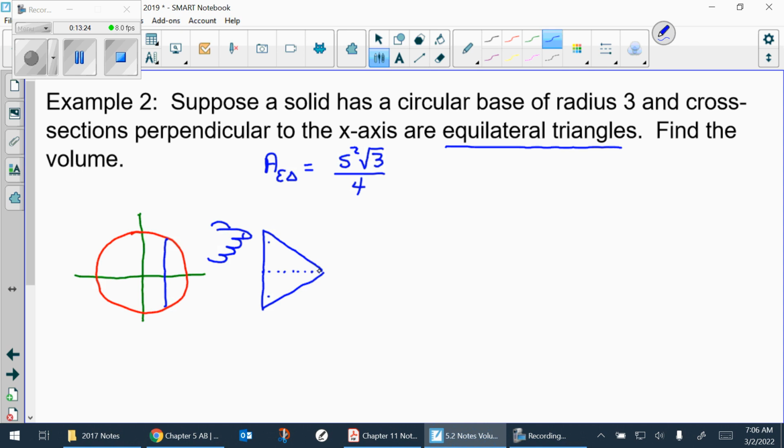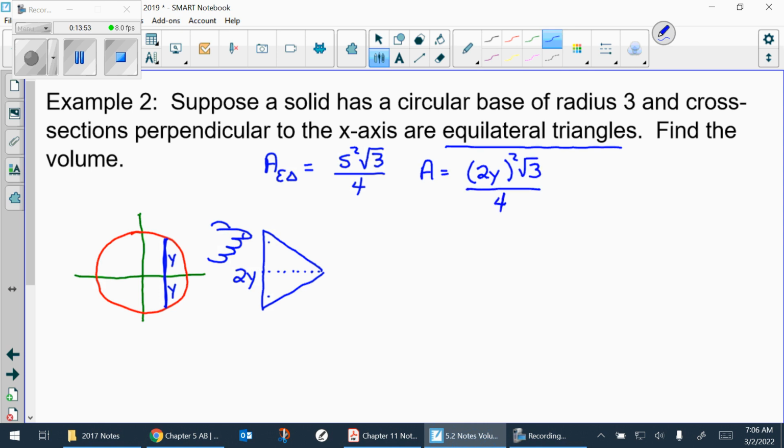All right, well, that's really nice. And I do know how long this thing is. Again, this is y. Again, this is y. So this is 2y. And so the area of this equilateral triangle is equal to 2y, which needs to be squared, times the square root of 3 divided by 4.